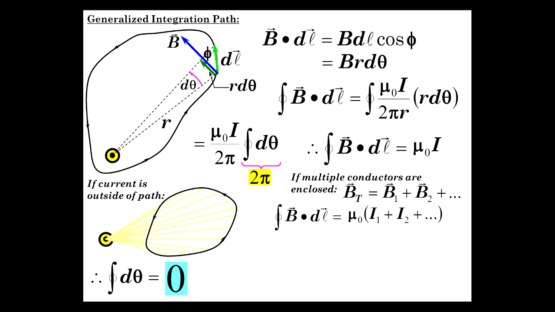And each one of them could be going out, going in, oppositely directed, same directions. We have to use the sign rule. So if circulating our fingers around in the integration path, our thumb points to positive current. Some of these might be positive, some might be negative. Just algebraically add them.